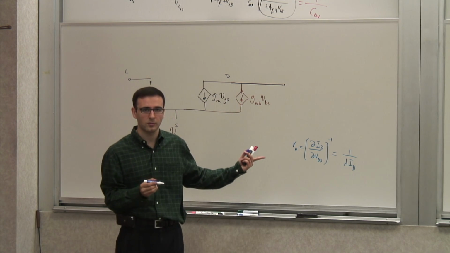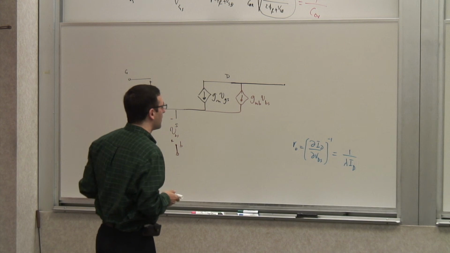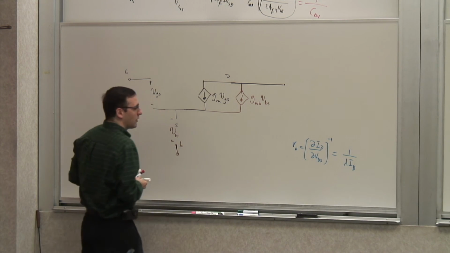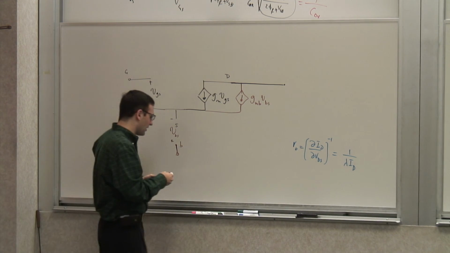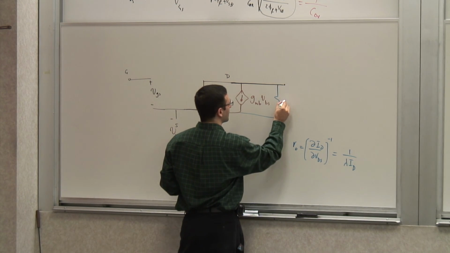It's identical to the bipolar transistor derivation. Basically, you can differentiate that with respect to VDS. Okay? So you have this other term, this parasitic term, RO, here.